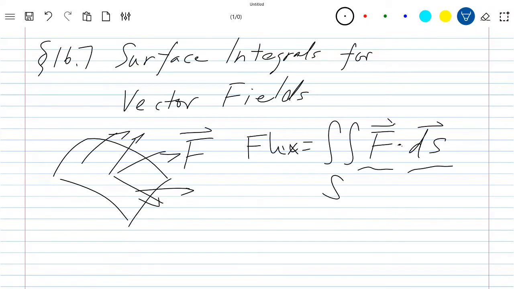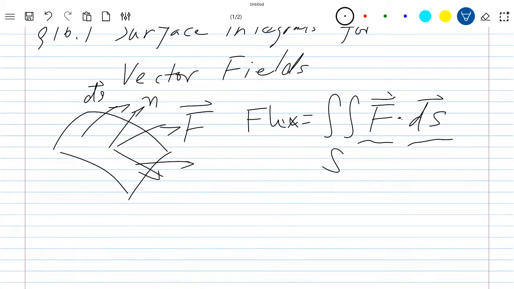So F dot dS, this is the direction of n. If F is along n, then it's going through. If it's perpendicular, then F is not going through, so there's no flux. So flux is defined to be the integral of F dot dS, right?